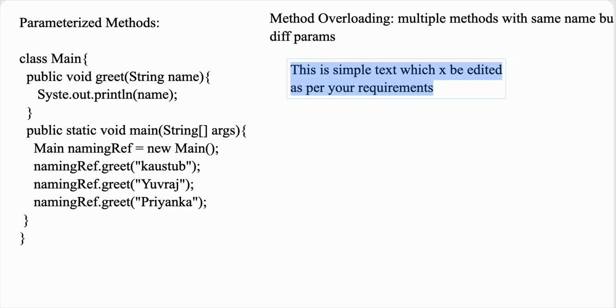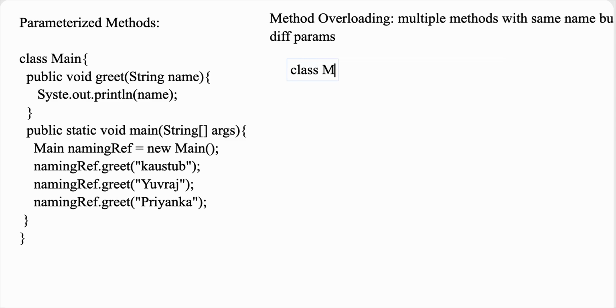Here I will create a class Main. Here I will create a method, public int multiply.